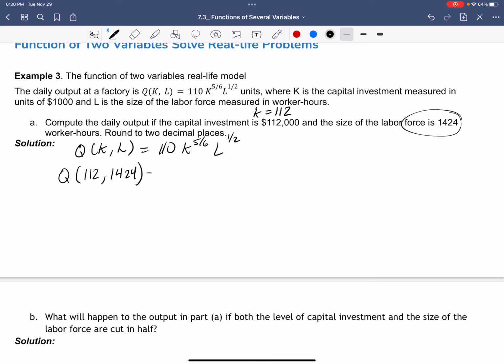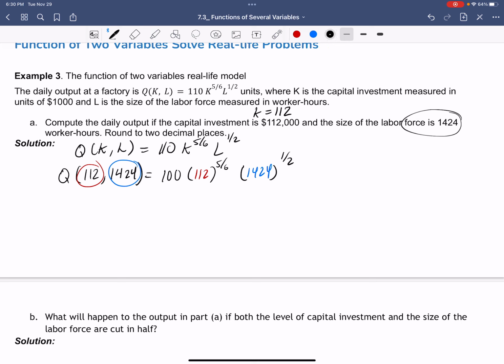There you go. Now we're going to do a direct substitution. That means where we see K, we replace it with 112, and where we see L, we replace it with 1,424. All right, so that's it. That's all we have to do here.